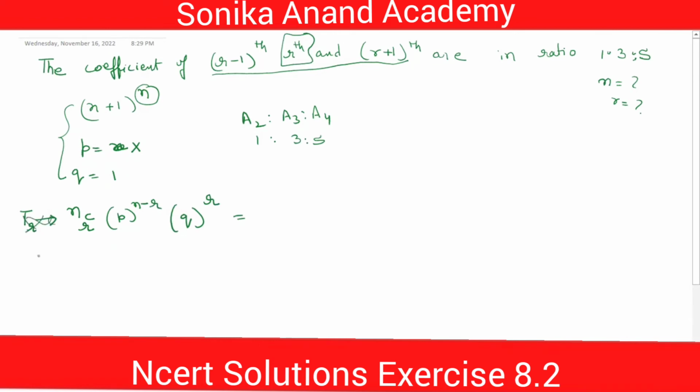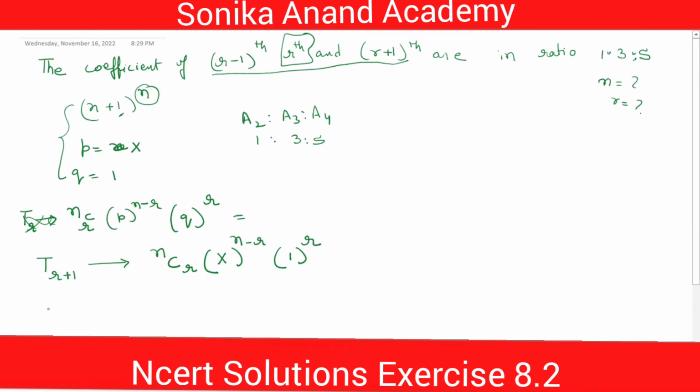Actually, listen. If I go for the (r plus 1)th term, then we have to write like this. In place of p, I write x, n minus r. In place of q, I write 1, r. Clear?